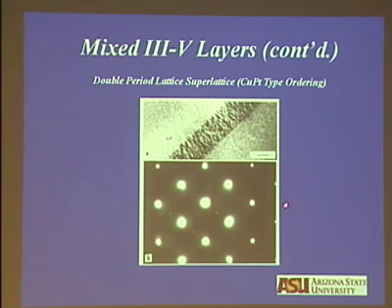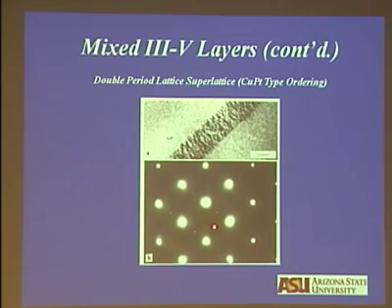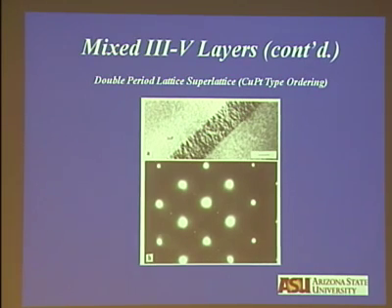But in addition, what you see is spots at the half 111 position. So the periodicity along the 111 direction gets doubled as a result of ordering. So there is ordering coexisting with phase separation in these layers.